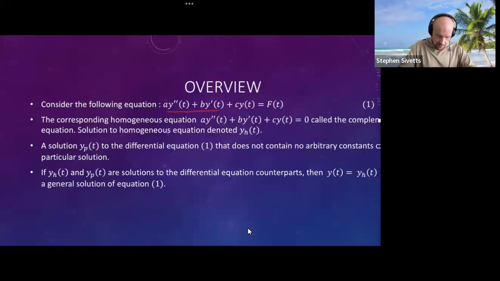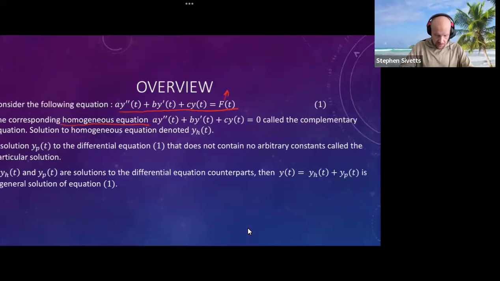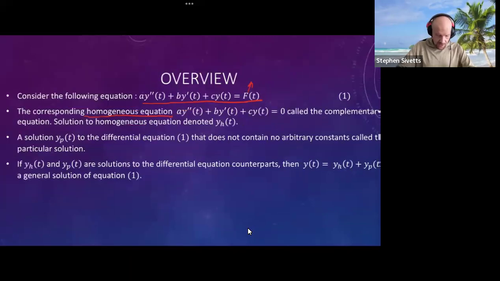We're going to consider the following equation: a times y double prime of t plus b times y prime of t plus c times y of t equals some function in t, capital F. We know different techniques of solving the corresponding homogeneous equation, a times y double prime of t plus b times y prime of t plus c times y of t equals 0.